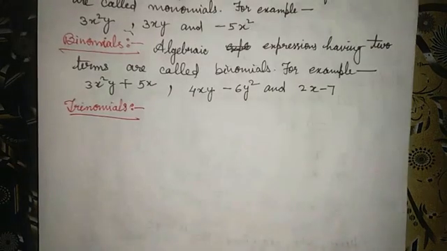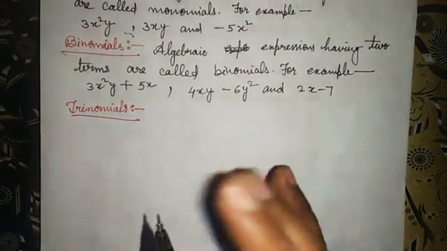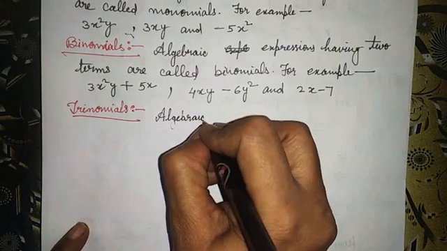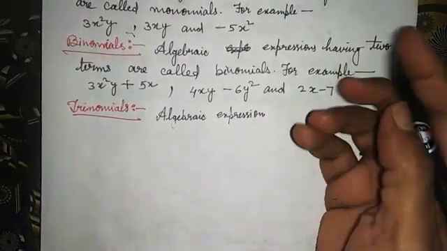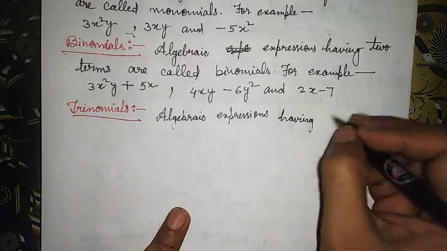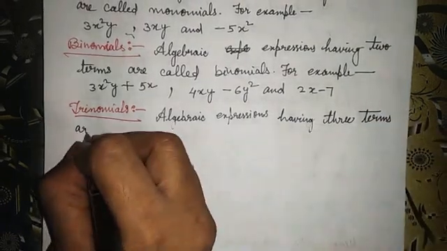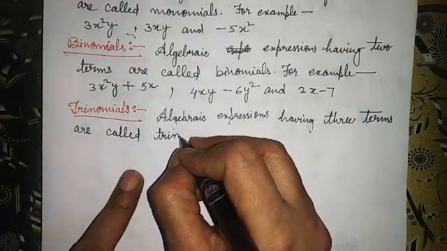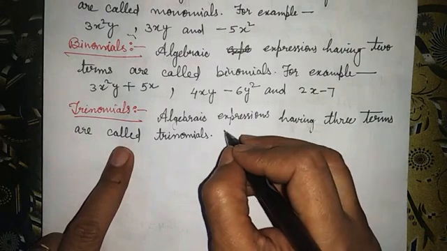Now what is trinomial? Children, algebraic expressions having three terms are called trinomials. For this also I am giving you few examples.